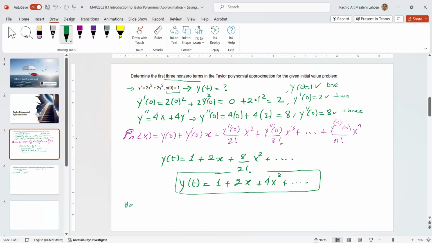For the next example, which is the one we're working on now, you're going to say p_n of x, which is now going to be t.